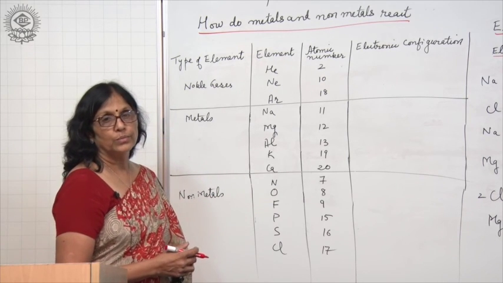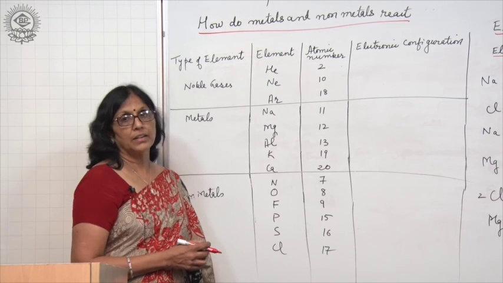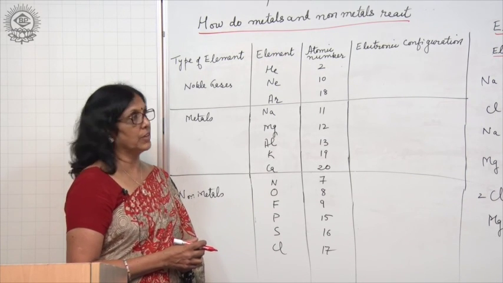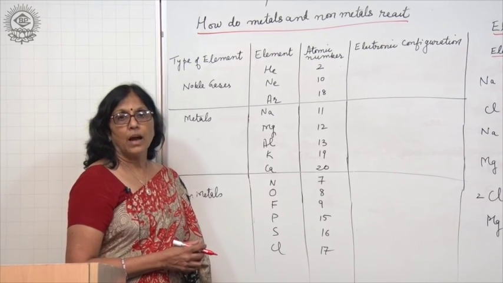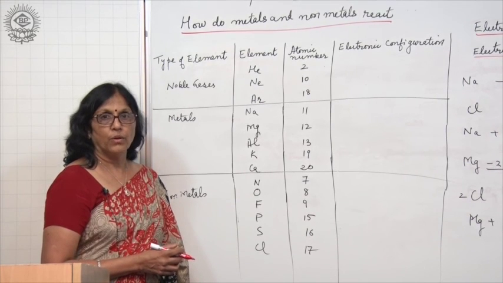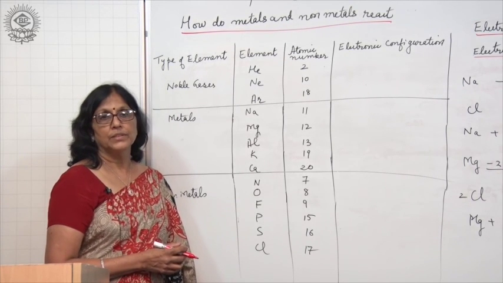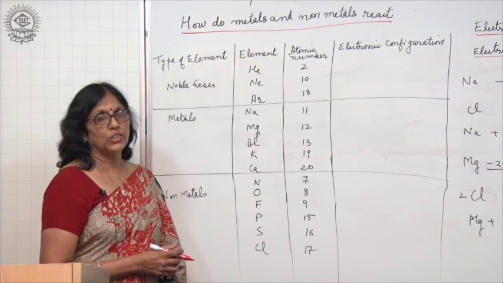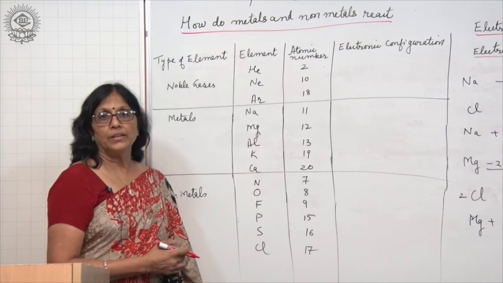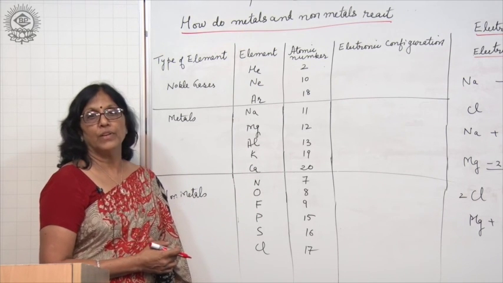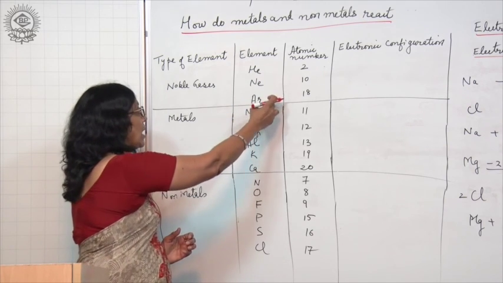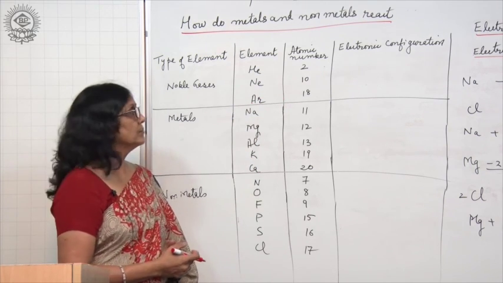Now, as you know, noble gases are unreactive, they are stable, they have a stable electronic configuration, their outermost shell is complete. All the noble gases have either 2 electrons in the outermost shell like helium, or 8 electrons in the outermost shell, which is called the valency shell, like neon, argon, krypton, xenon, radon.